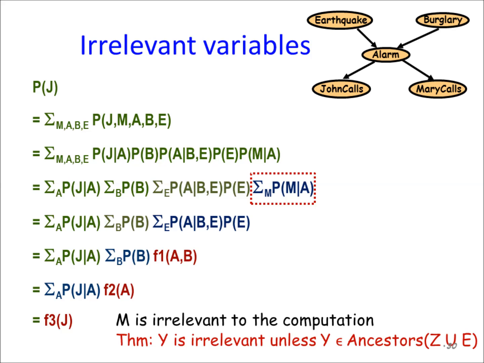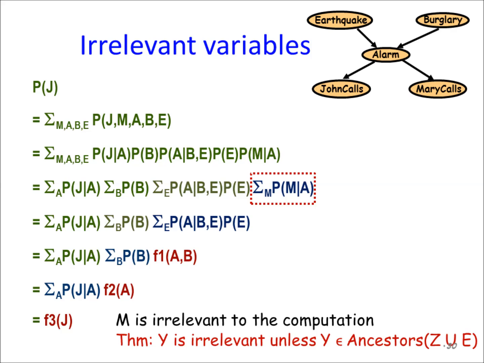There's a very simple theorem which says that m is irrelevant to the computation if it's a descendant of the query and evidence. In other words, unless a variable is either an ancestor of the query or an ancestor of the evidence, it is irrelevant. So in this case, the probability of Mary calls is irrelevant because it is not an ancestor of John calls. The intuition is actually very simple.